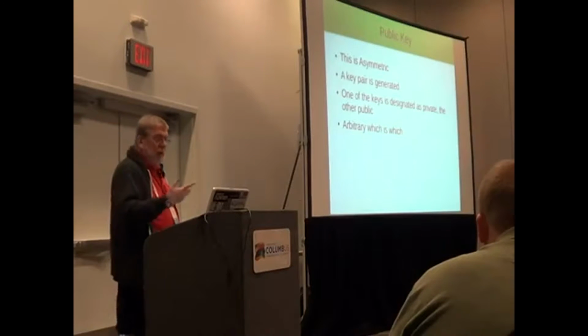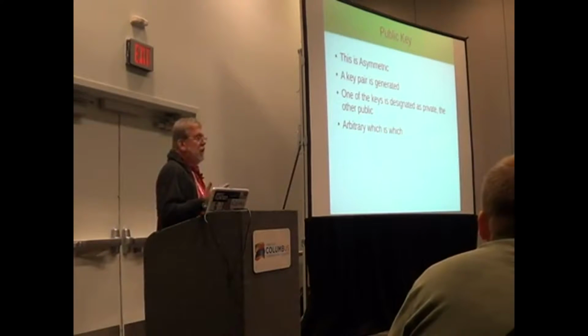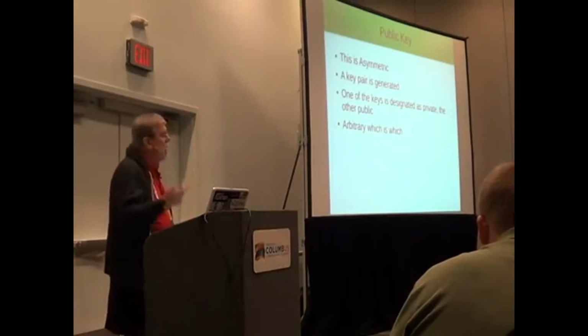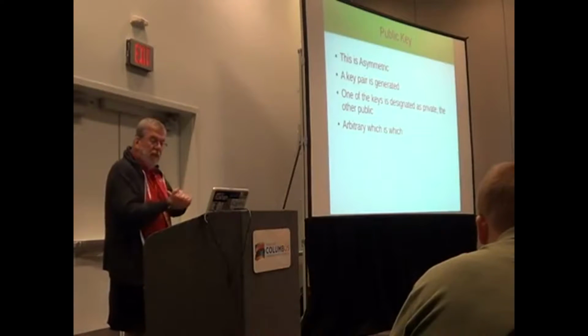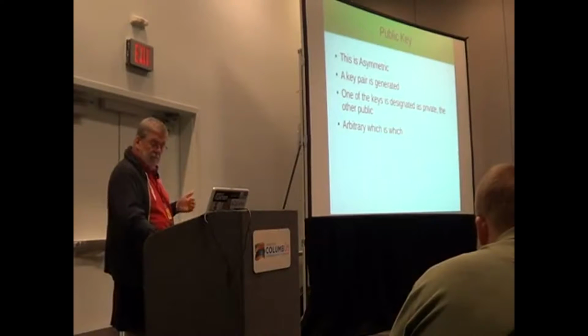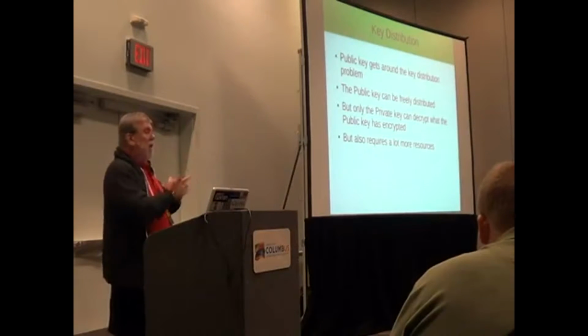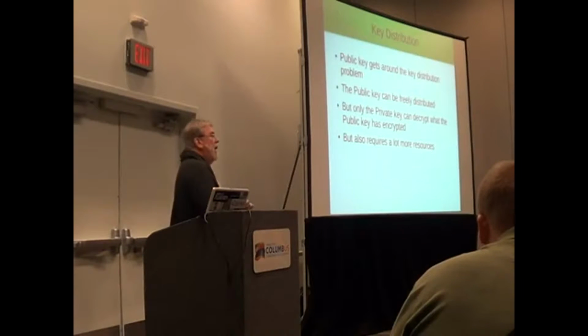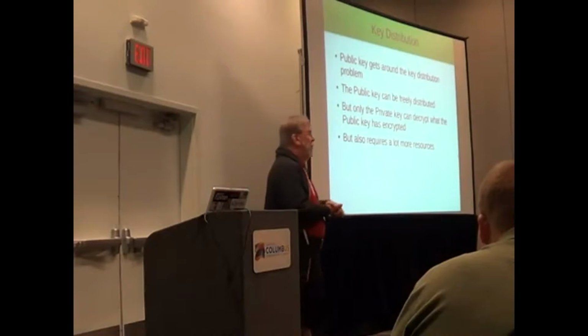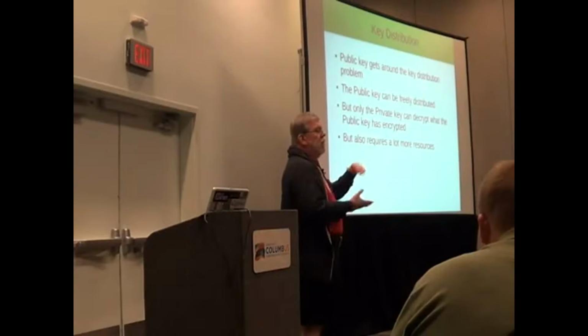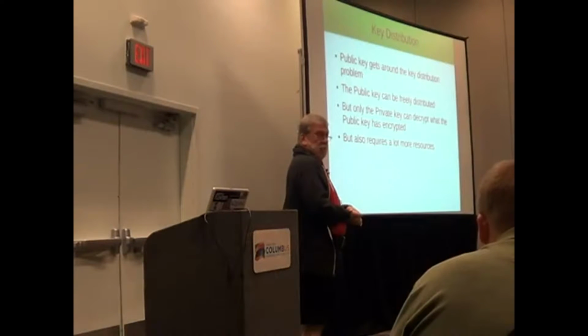So, public key, which is asymmetric, is where the key pair is generated, and arbitrarily one of the keys is designated as private and the other as public. Now, the thing about public is, of course, you can give the public key out to anyone. All right? My public key is printed on my web page.